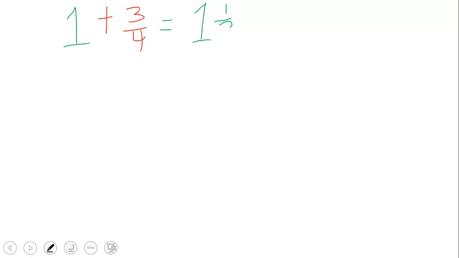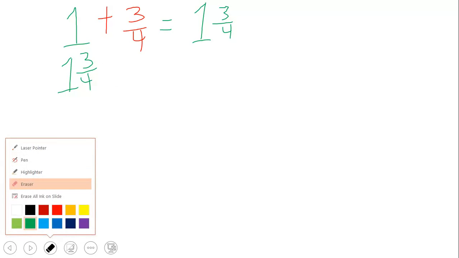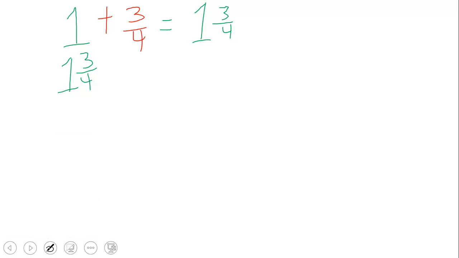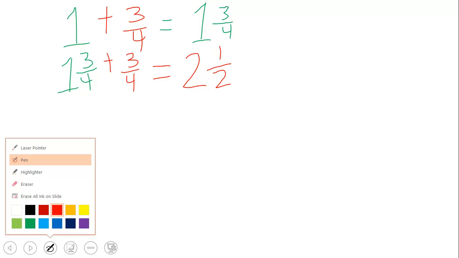And when we take 1 and 3 over 4 and add 3 over 4 to it, we get 2 and 1 over 2. Okay? Let me keep the color coding.